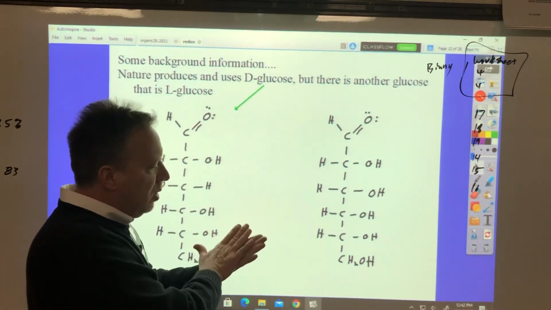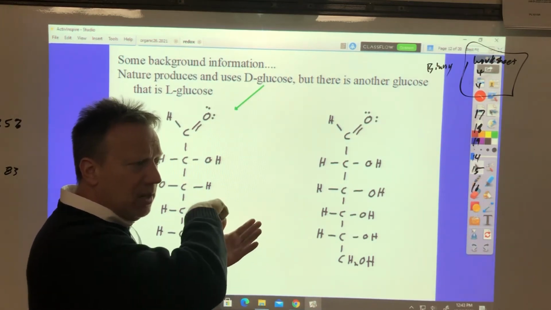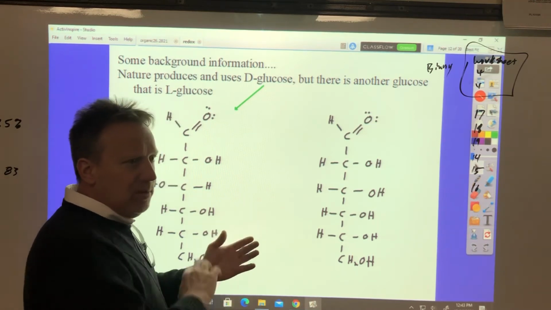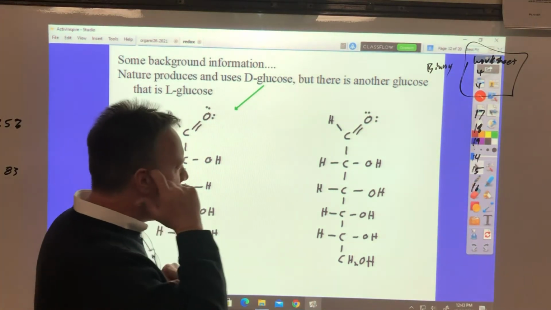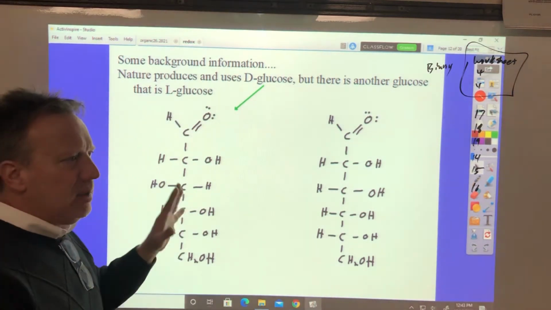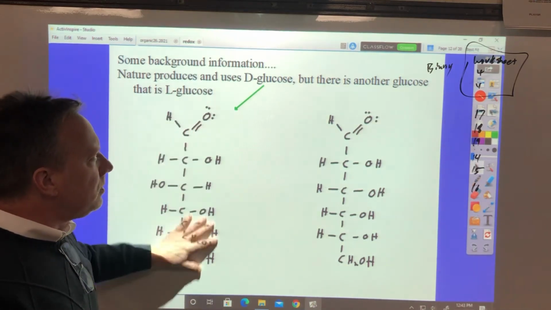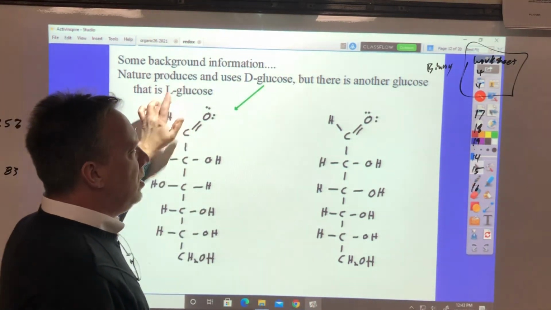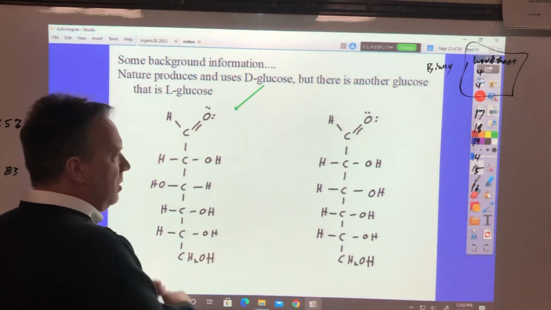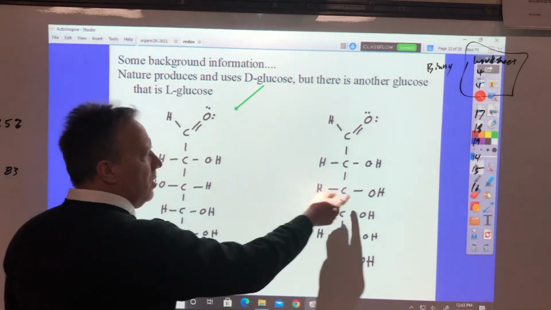If you use a couple of polarization filters and send light through it, it either is going to rotate the light rays to the right or to the left, and that's beyond the scope of what we're doing right here. But the kind that's in you and in nature that plants make and that we consume is D-glucose. There is another glucose called L-glucose, looks like this one. So this is the one we're using. You wouldn't be able to get energy out of here because the OH is on the wrong side.